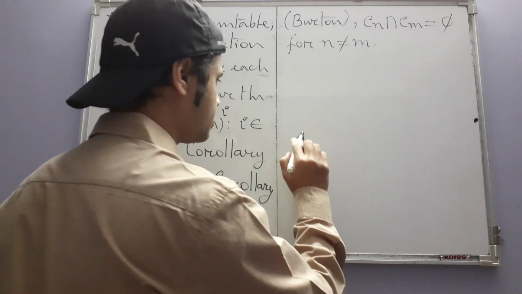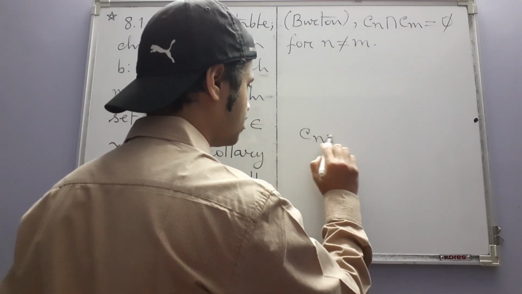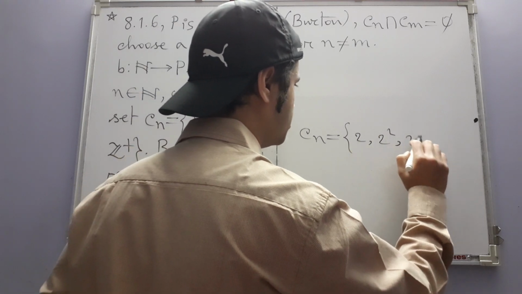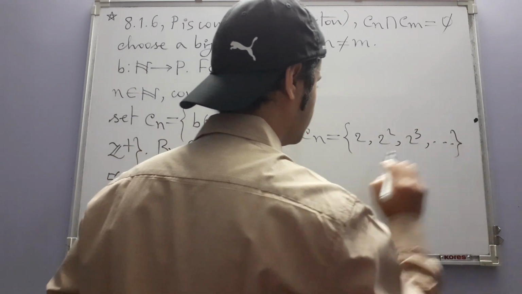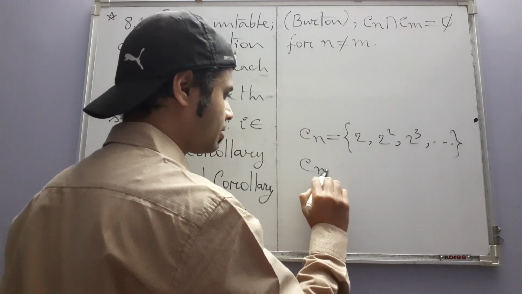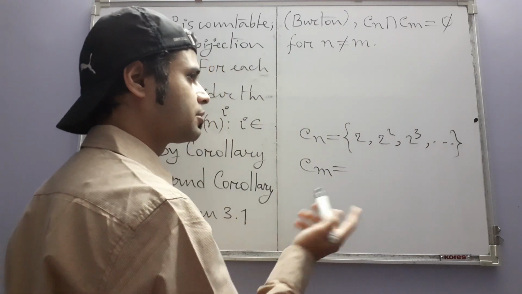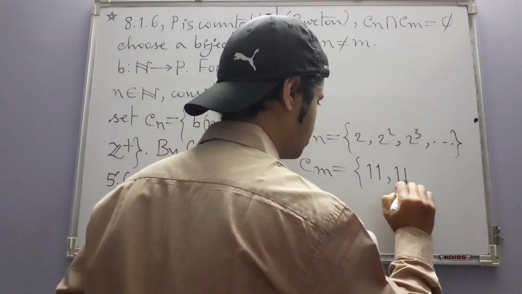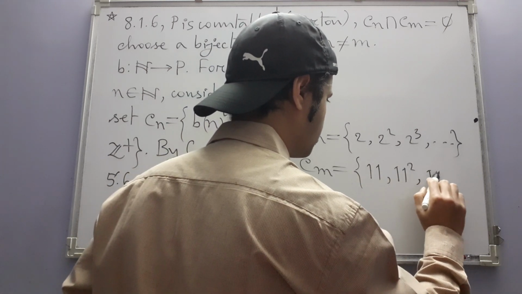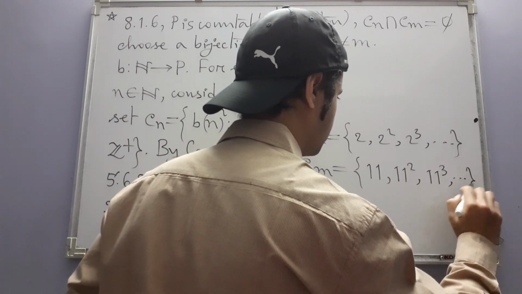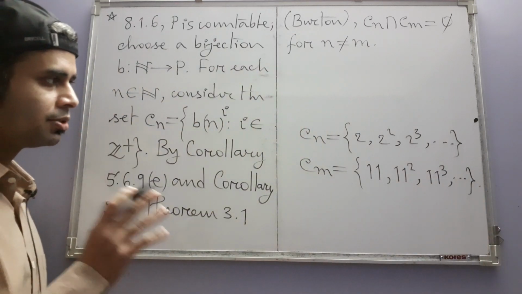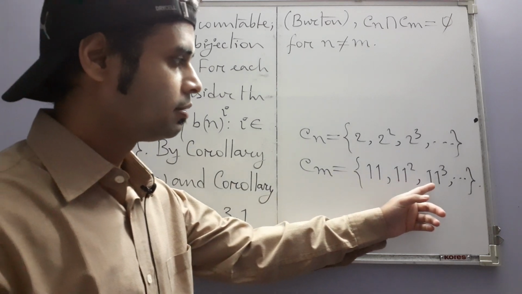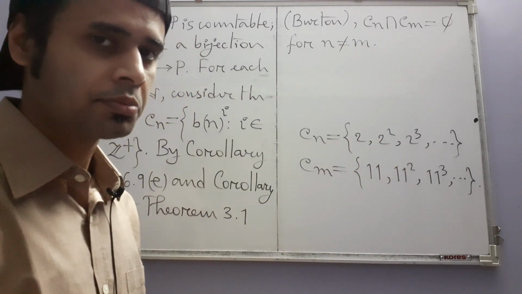For example, some Cn would be the powers of 2, and some other Cn would be, say, the powers of 7, or say the powers of 11. Can there be anything common between two such distinct Cn's? Of course not, because they are powers of different primes.